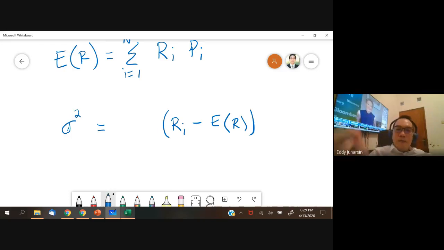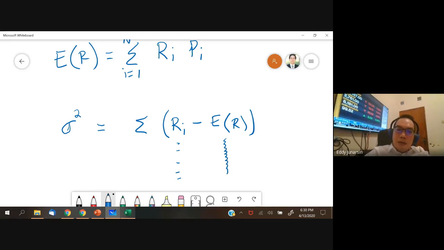However, we cannot simply add them together. Because when we add them together, you can imagine, right? These are the projected returns. Well, this is the average value or the expected value.